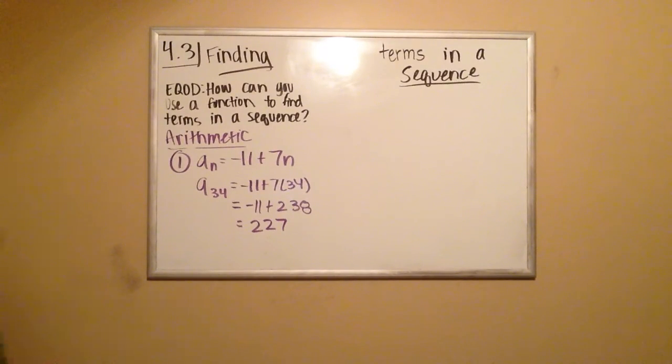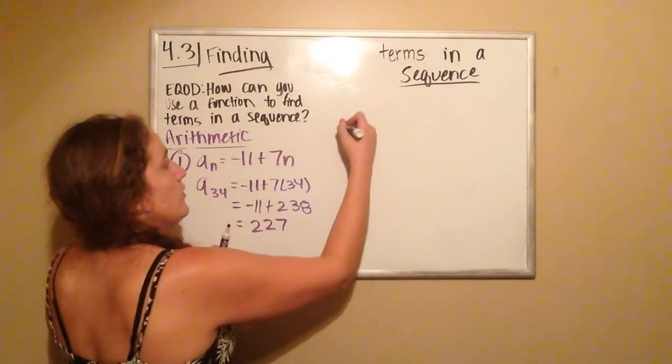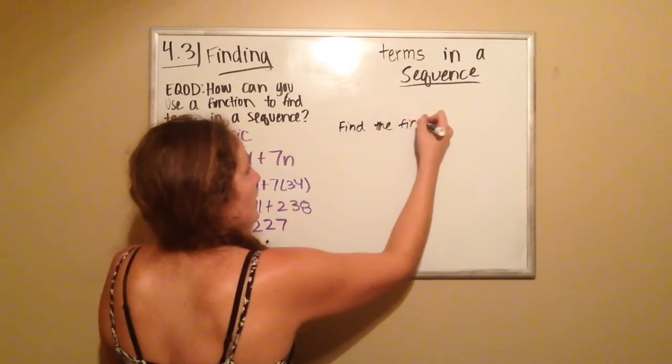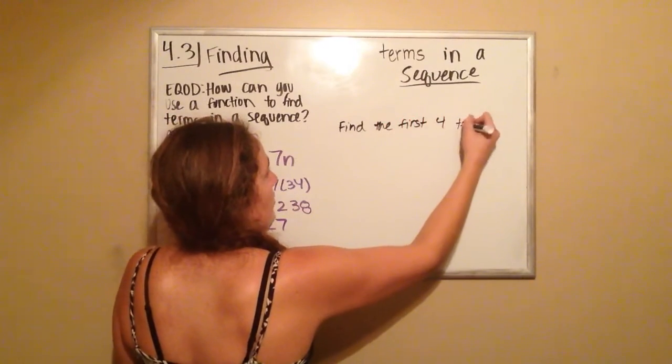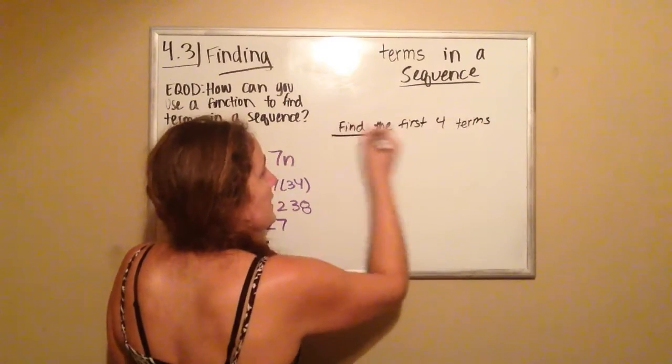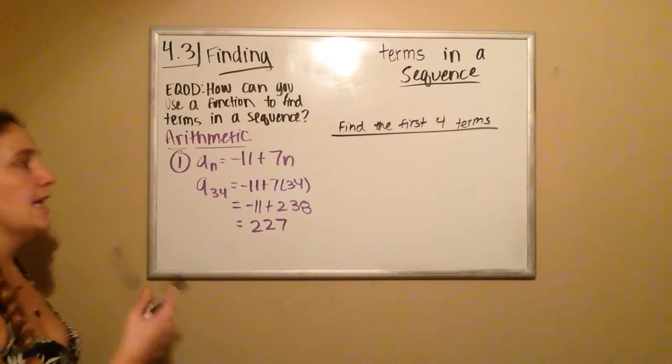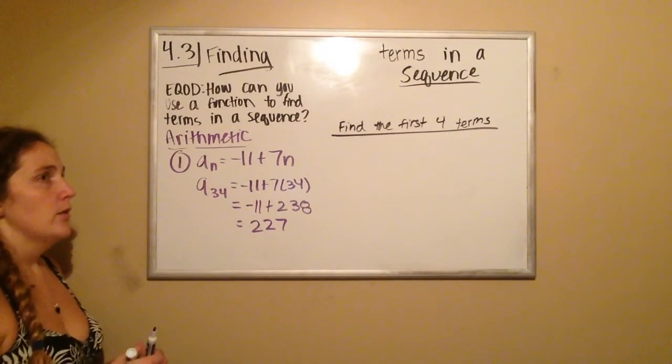Okay, what if it asked us to find the first 4 terms? It's not giving us a specific number to plug in. It's not asking us for the 34th, or the 10th, or the 5th, or the 7th term. It's saying find the first 4. Okay?